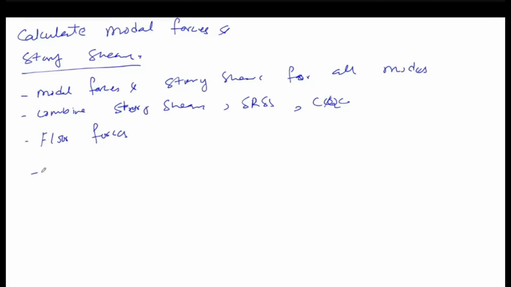Okay, we have to apply the scaling. One scaling is that we have to divide the forces by a factor of R divided by IE, because this will convert the elastic forces into the design level forces.